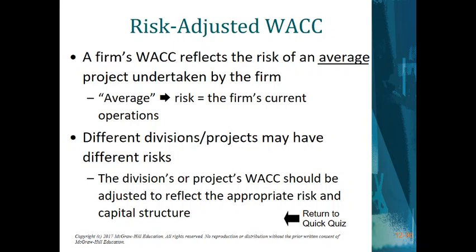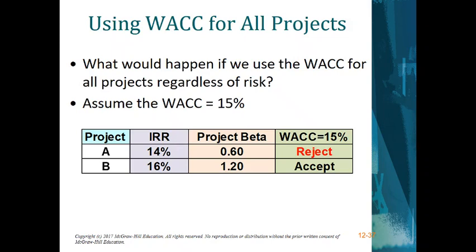Note here also that different divisions or projects may have different risks, and the divisions' or projects' WACC should be adjusted to reflect the appropriate risk and capital structure. So here, what they're trying to show is what would happen if we use the WACC for all projects regardless of risk.